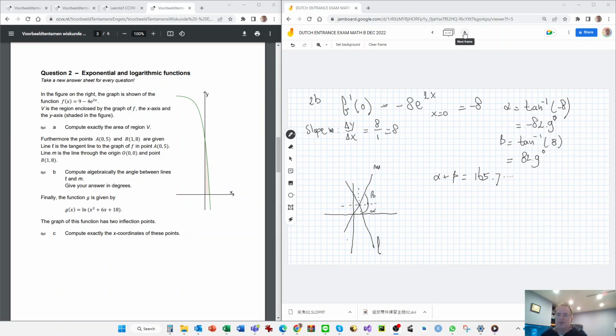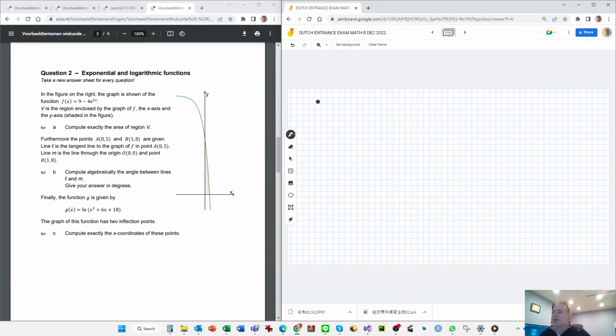So going to the final part of 2, that's a new function, g, and they tell us there are 2 inflection points. Compute exactly the x coordinates. Well, inflection point means that the second derivative is 0, and basically the derivative has to have an extreme.